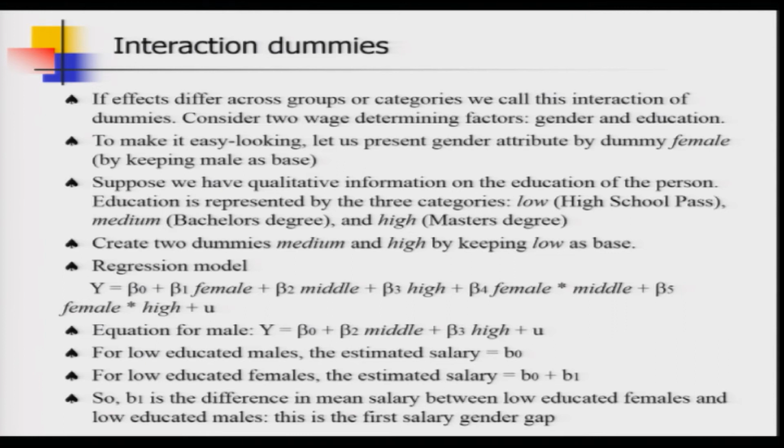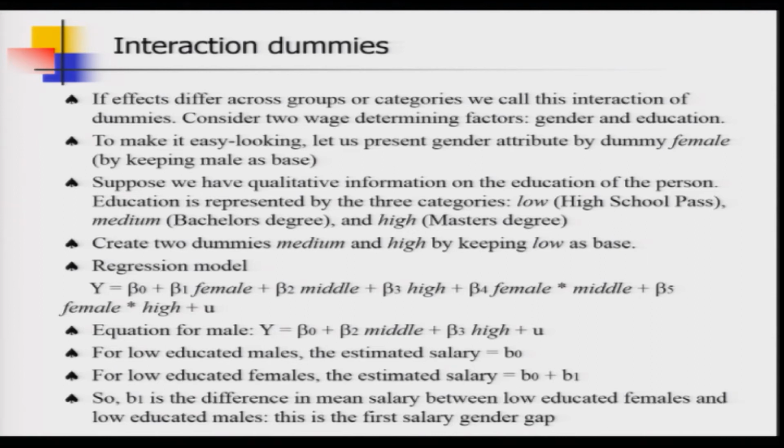Here I am showing you what I mean by low, medium and high. Low represents a person who has just passed high school, or attended some high school but is a high school dropout. Medium says that the person has a bachelor's degree, and finally the high level denotes a person with a master's degree.